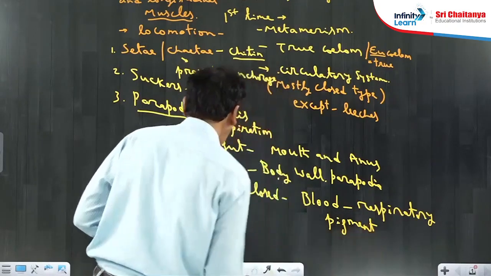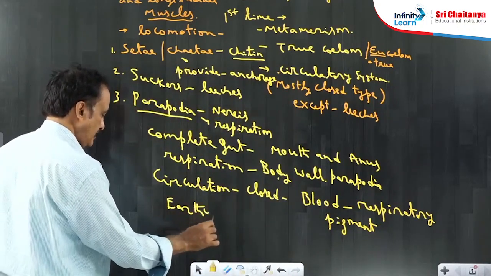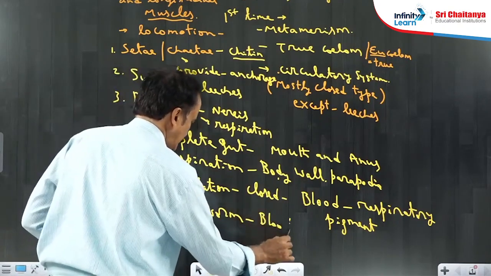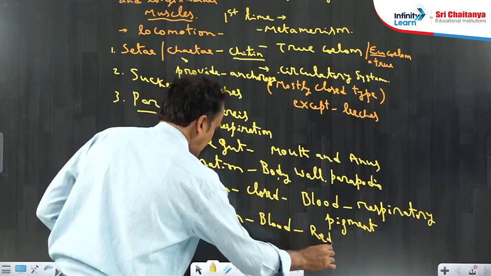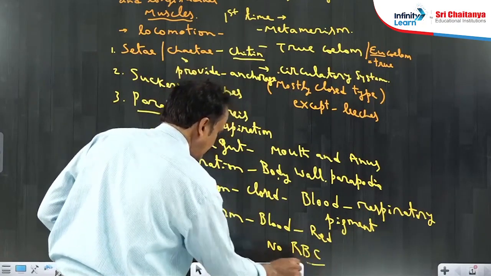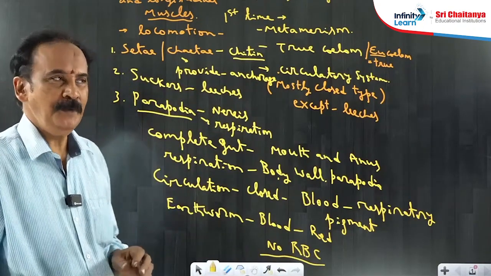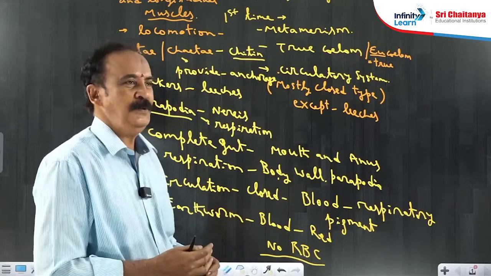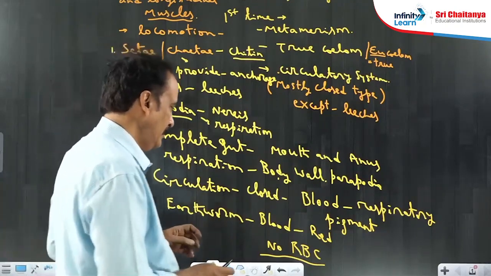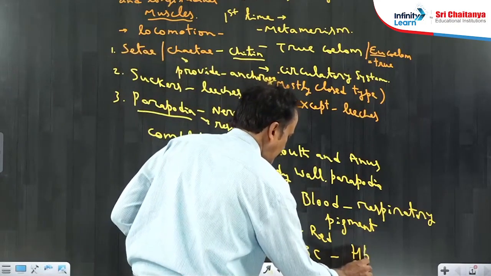For example, if you take earthworm, the blood is red in color. But surprisingly, there is no RBC. Okay, earthworm, the blood is red in color, but there is no RBC, right? This is because the hemoglobin is present in plasma.